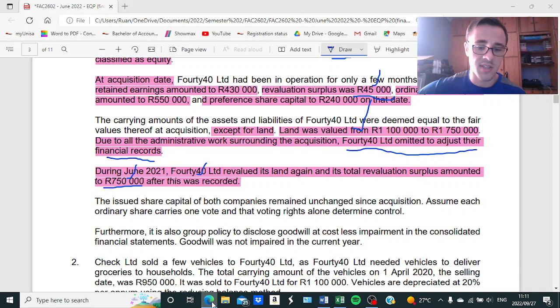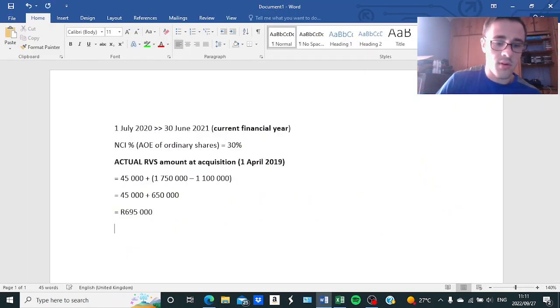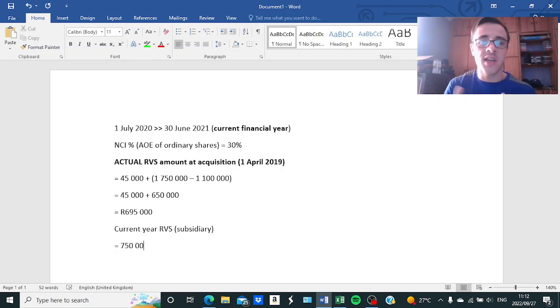So let me just put this down so that you can actually understand what I'm saying. The formula that you will use to calculate the current year's revaluation surplus for the subsidiary, and you should follow this procedure if you have a similar question, is this.